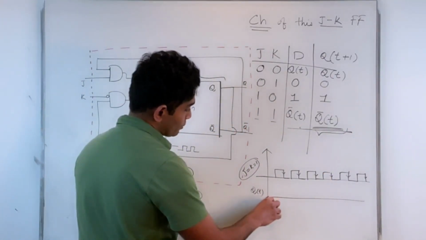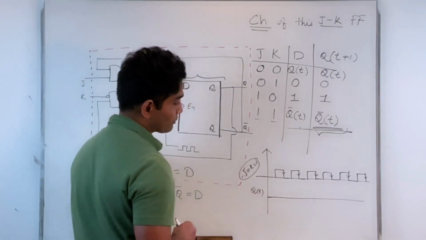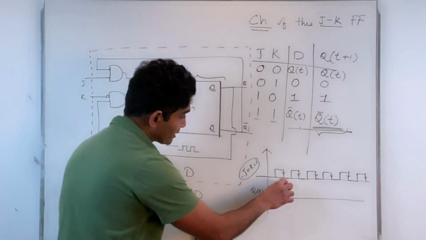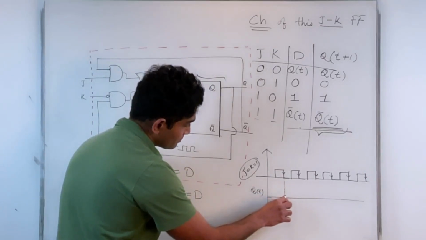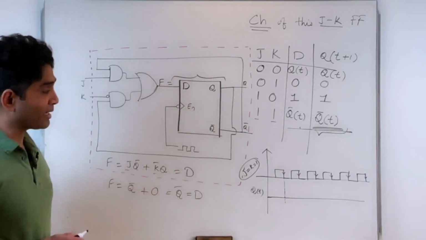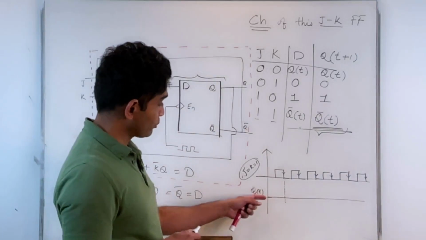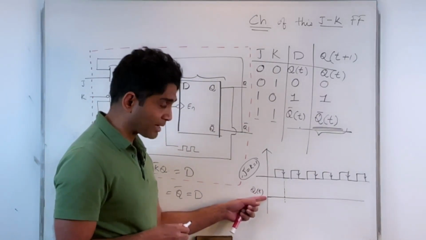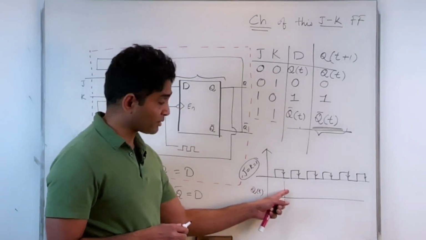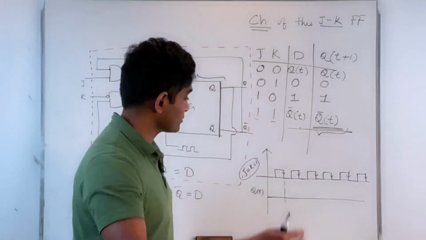If q was 0 to start with, now this is my next triggering instance. That's where I have q(t+1).